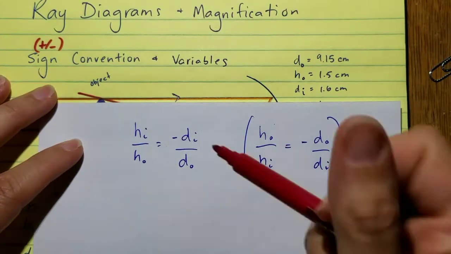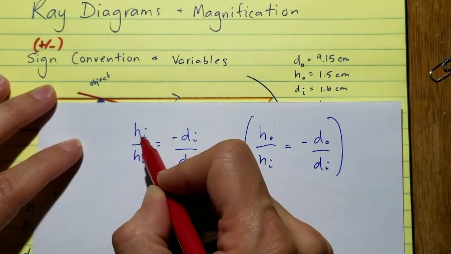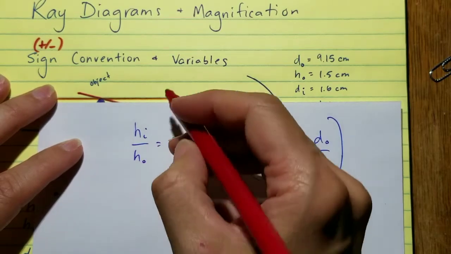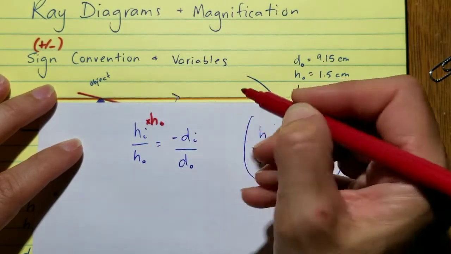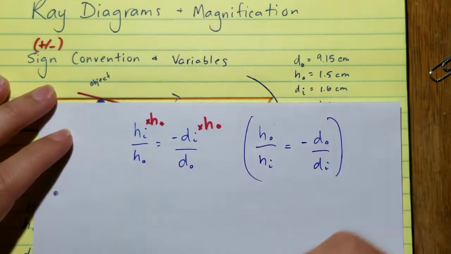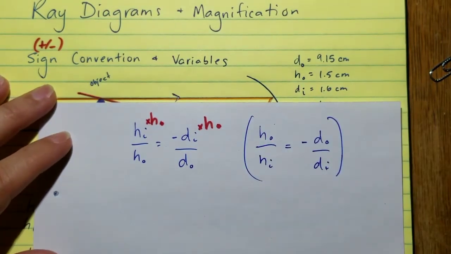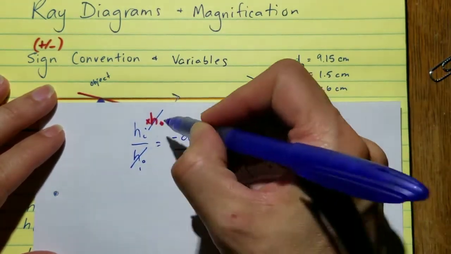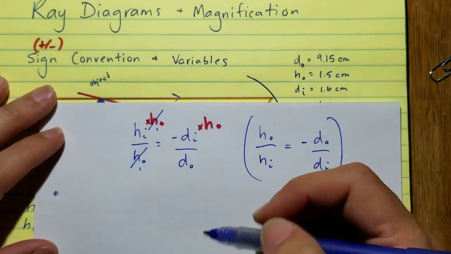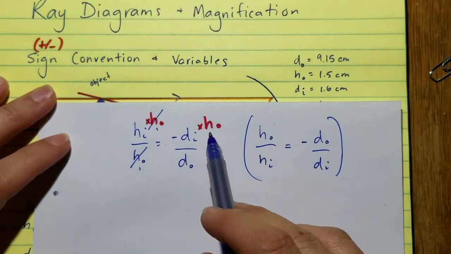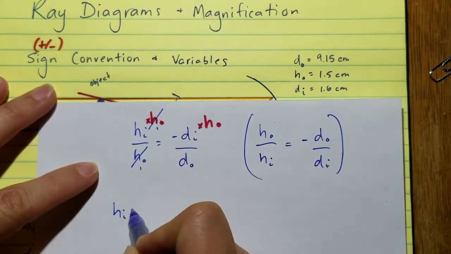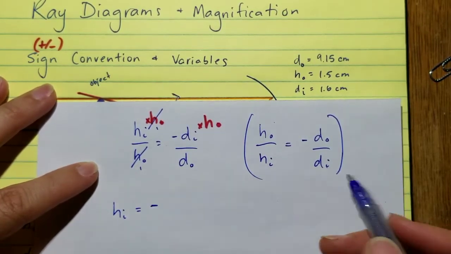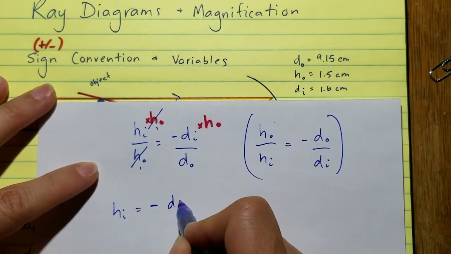I multiply because it is dividing. The opposite of dividing is multiplying. So that means I want to multiply by ho on both sides. So that and that divide out. I don't say cancel. They divide out and become 1. And on this side, we are left with the 3 variables we have. Now, it doesn't matter where you put the negative.